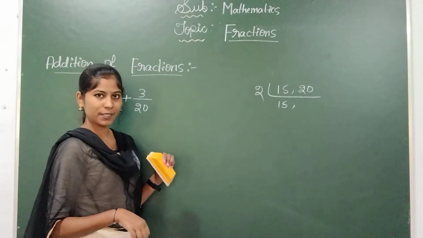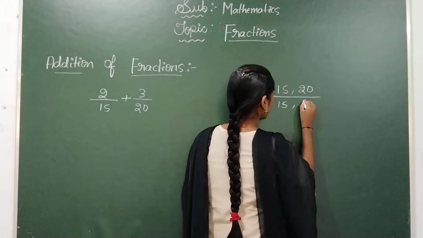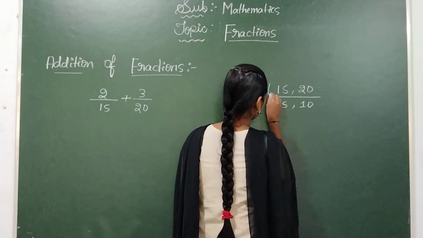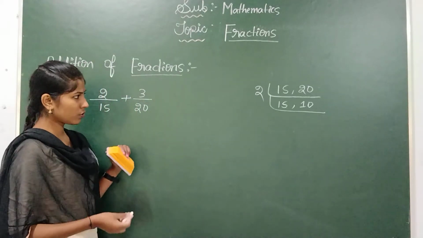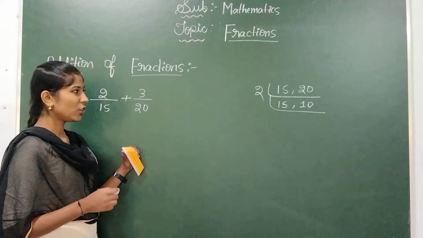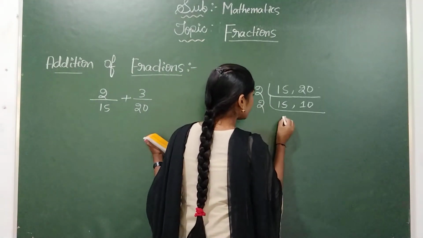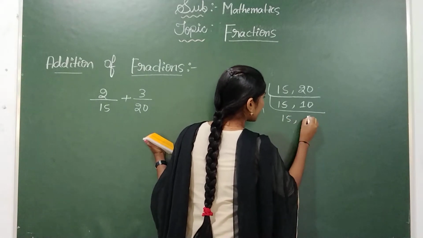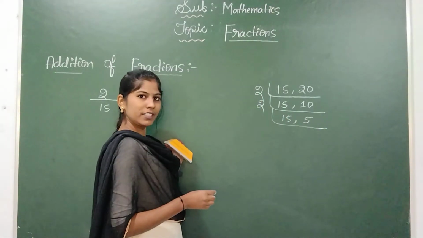Next, 20 divided by 2 is 10. Now 15 and 10: both are divisible by 5, and you can take any prime number. I will take 2 again: 15 as it is, and 10 divided by 2 is 5.